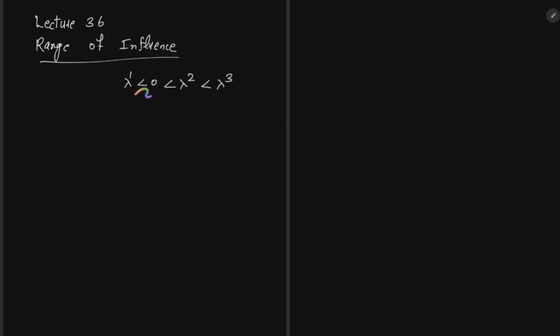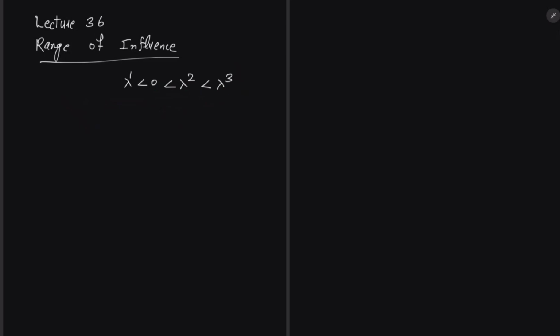So let me just discuss a problem where lambda 1 is less than 0. It means that the fluid is moving from right to left. And lambda 2 is greater than 0, which is another eigenvalue. So it means that the fluid is moving from left to right. And the same is the case with lambda 3. Okay.